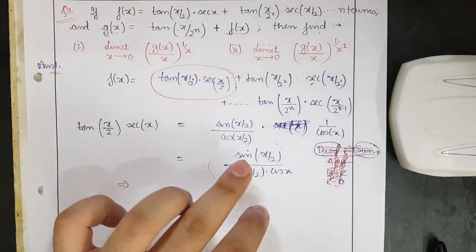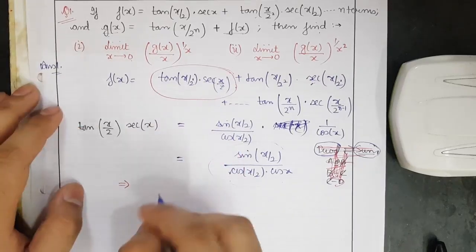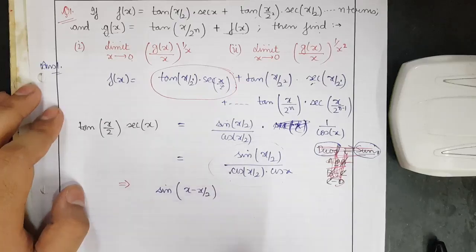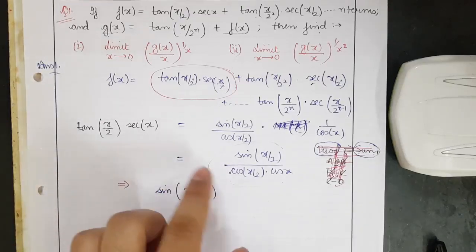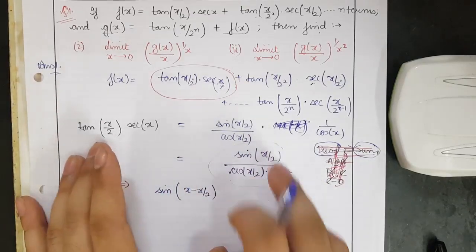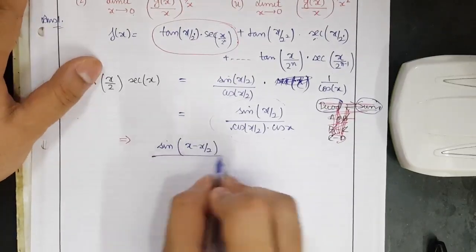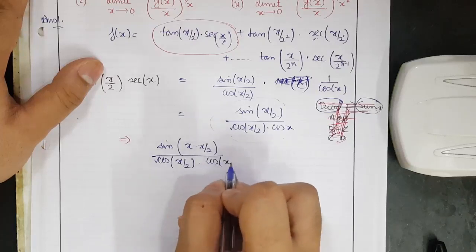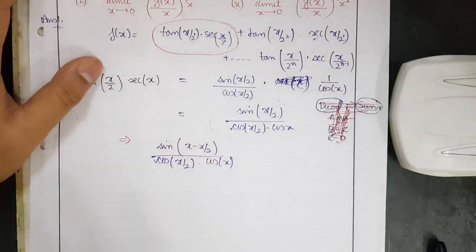So what I mean to say here is that we have sine x by 2. So it can be written as sine of x minus x by 2, because x minus x by 2 is equal to, once again, x by 2, which is shown here, upon the cos x by 2 into cos x. Okay, so I think you're able to realize.